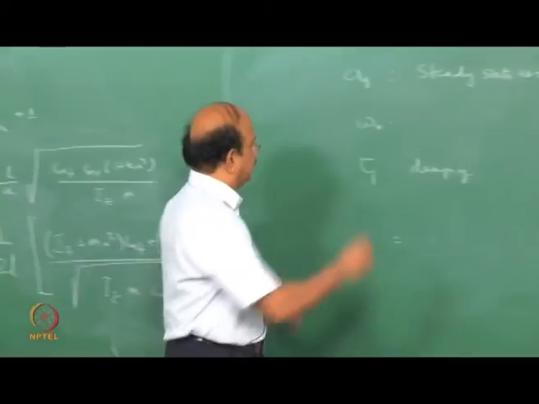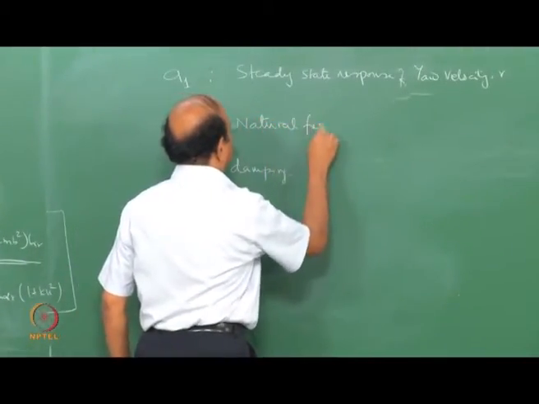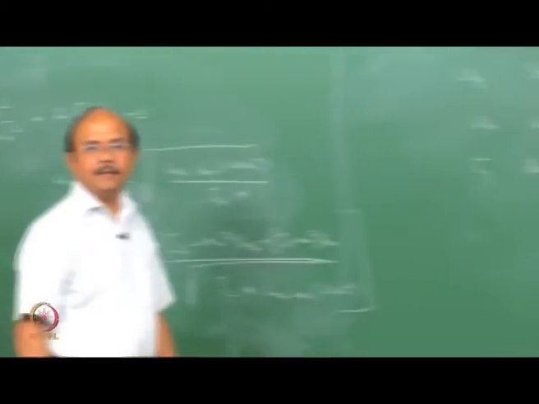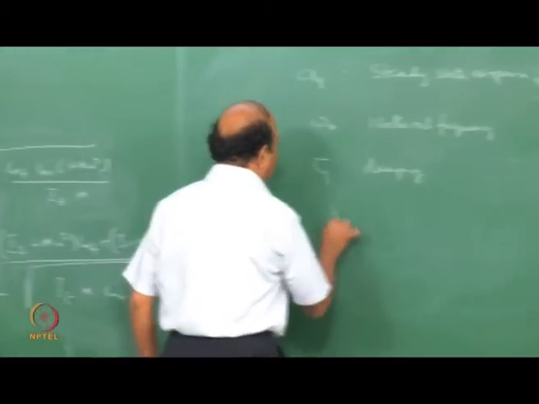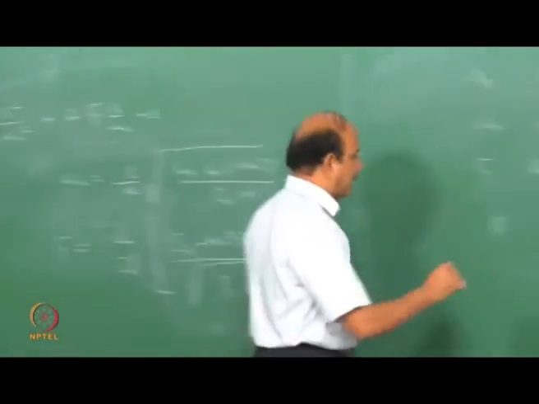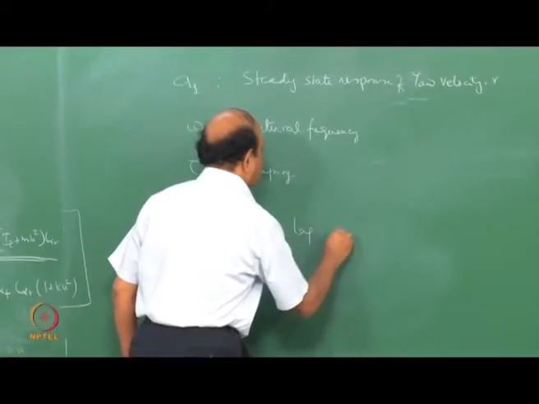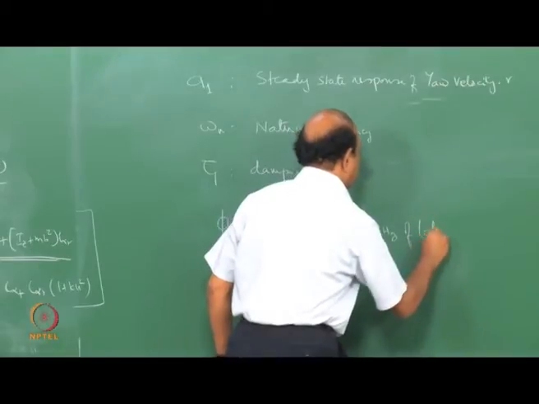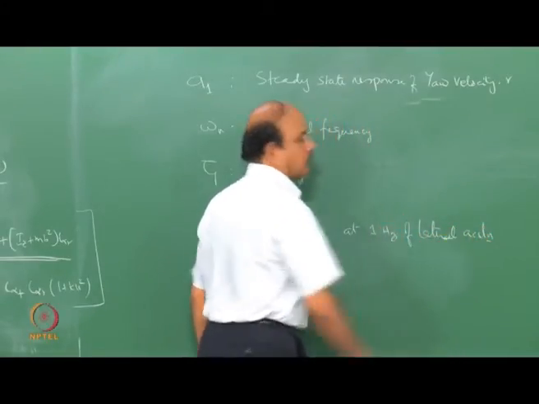Let's say that omega n is the natural frequency of the system. And then let me introduce a fourth quantity, which I would call phi, which is the phase lag at 1 hertz of lateral acceleration.